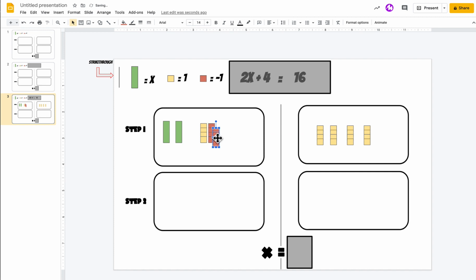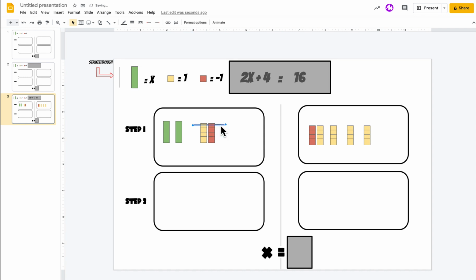Now I'm going to do the same exact thing to the other side. And I included a strike through here just so you can show your 0 pairs. All right, and you can strike those through to show that you have 0 pairs. I mean, this is just a great way to show your work.